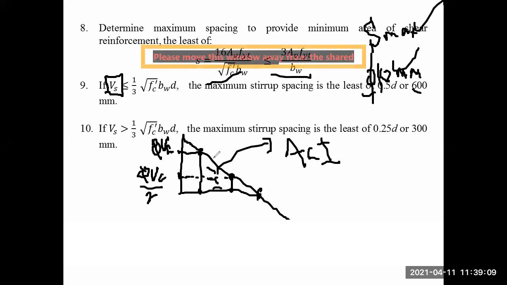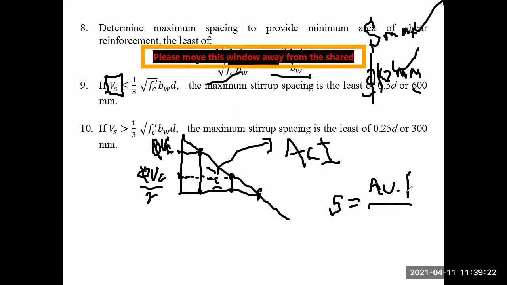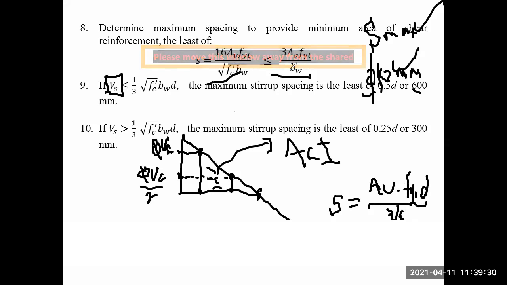The only thing we need is Vs. We calculate Vs on what formula? If you remember, S is equal to Av fyt over Vs. Now the spacing, the S max I have, 1, 2, 3, 4.